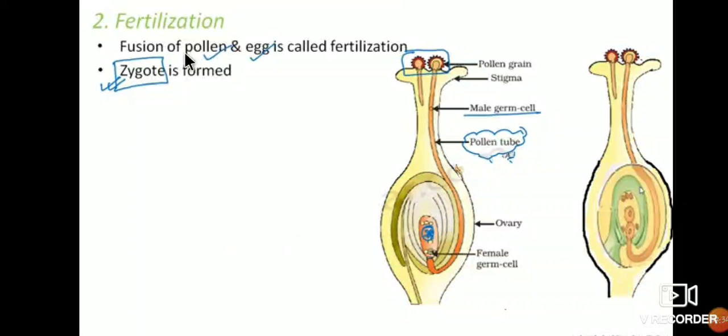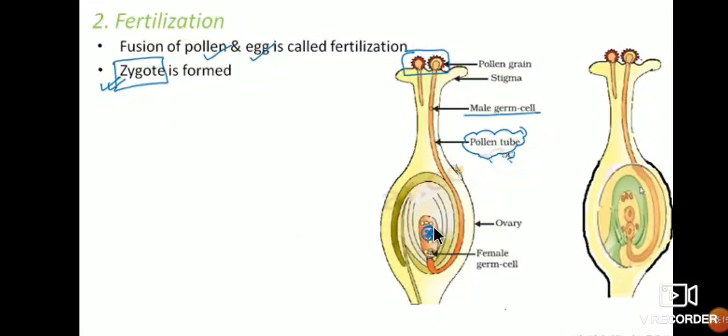Fertilization means fusion of pollen and egg. We call the fusion of pollen and egg fertilization. Pollen from the stamen enters the eggs which are in the carpel, the female reproductive part of the China rose plant. The pollen enters through the stigma, which contains a tube-like structure, and through that reaches the ovary.